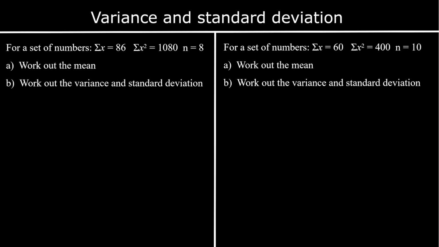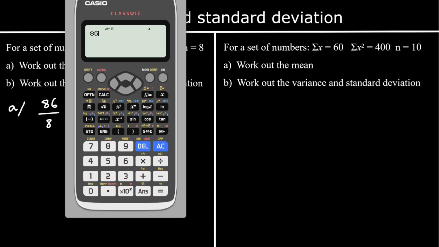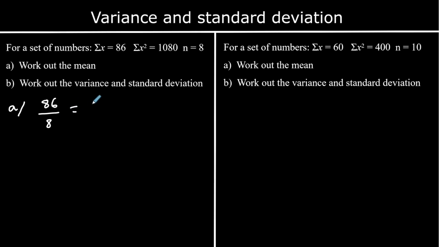Here's another question. This time we've been given the sum of the x's, the sum of the x squareds, and n, which is how many there are. So work out the mean. It's going to be 86 divided by 8. So all the numbers added up, divided by how many, and that's 10.75. The variance is the mean of the squares minus the square of the mean.